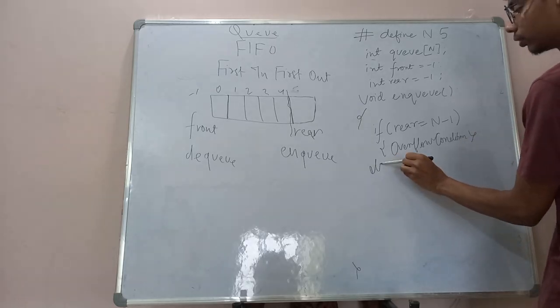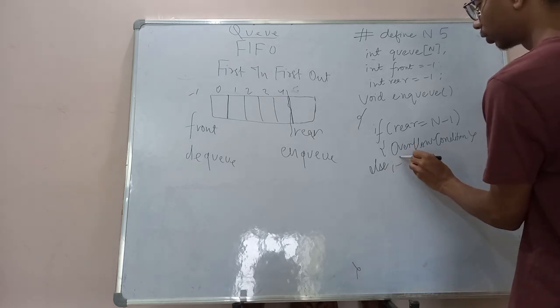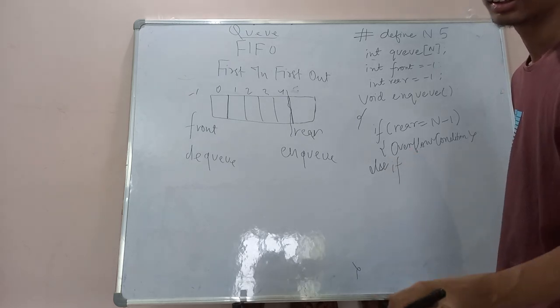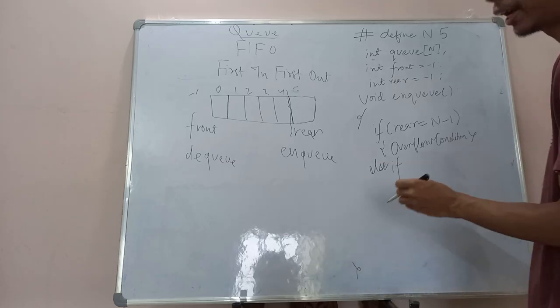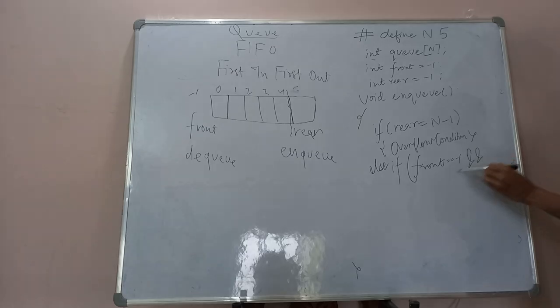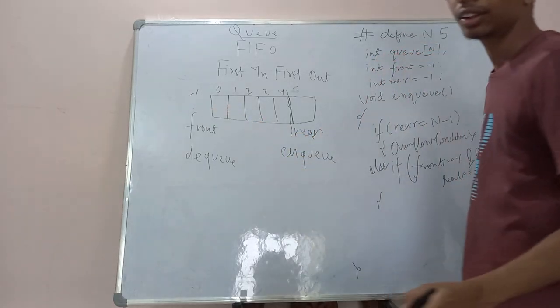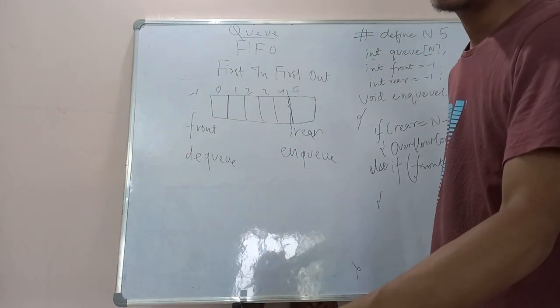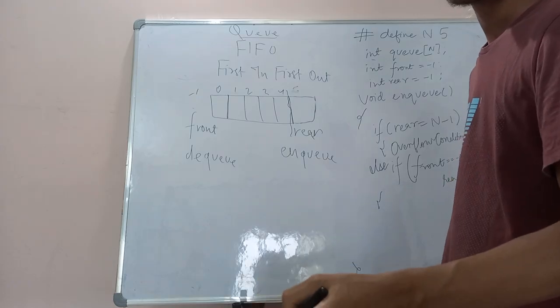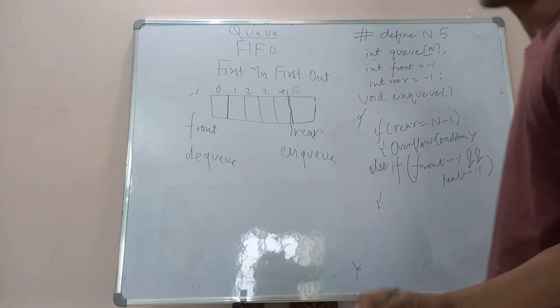Then else if front is equal to -1 and rear is equal to -1, suppose I am here. What I will do is take my first element.